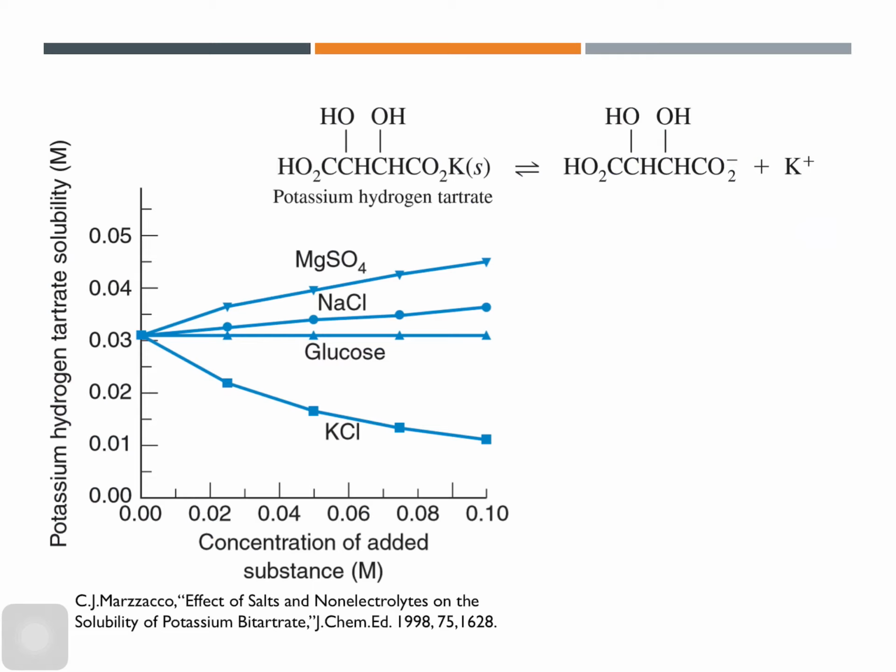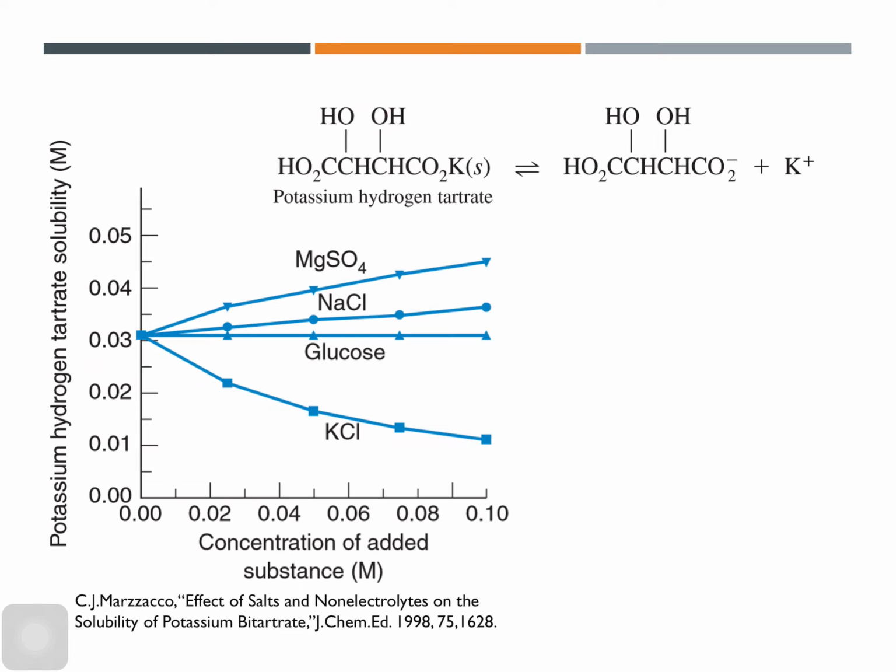Okay, so let's have this graph. This is a published paper by Marzako in 1998. Okay, so as you can see here, we have an equilibrium system of potassium hydrogen tartrate. This is dissociating into hydrogen tartrate ion and potassium ion. In KCl, okay, so this is KCl. This is the solubility of this substance.